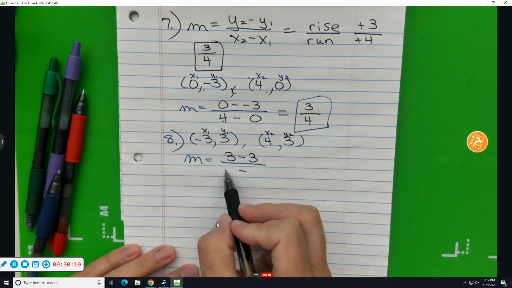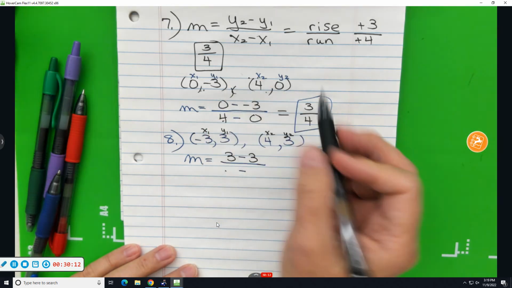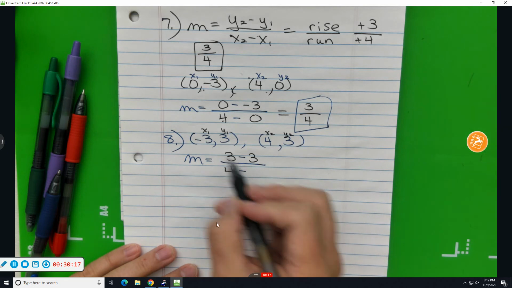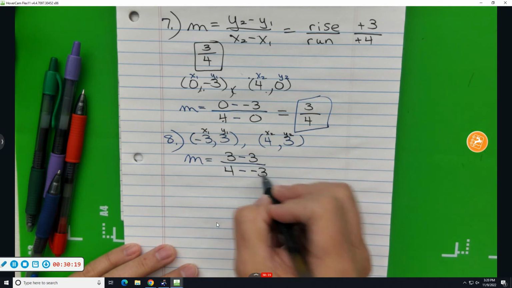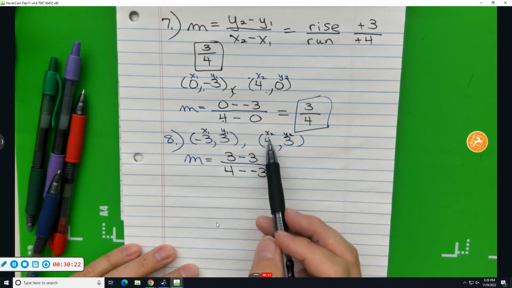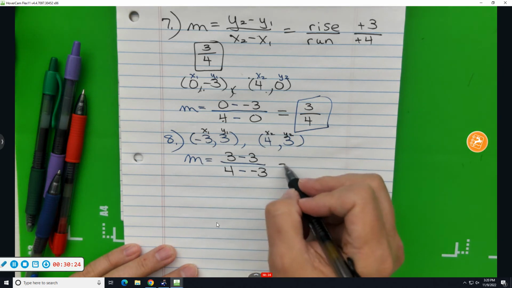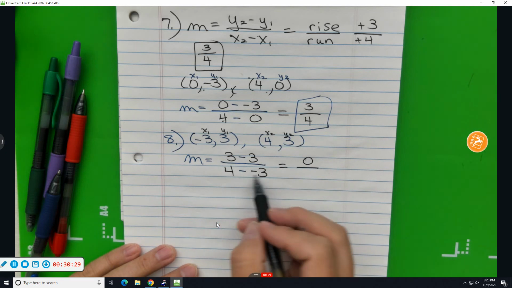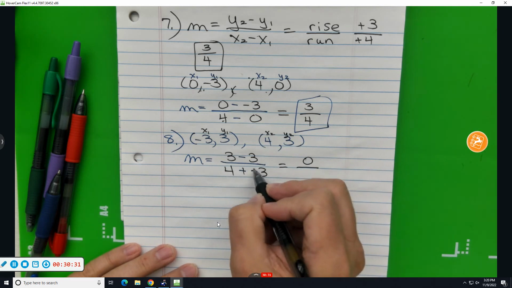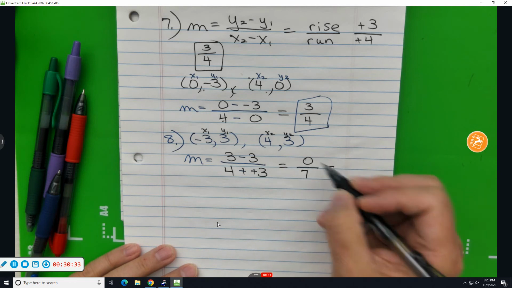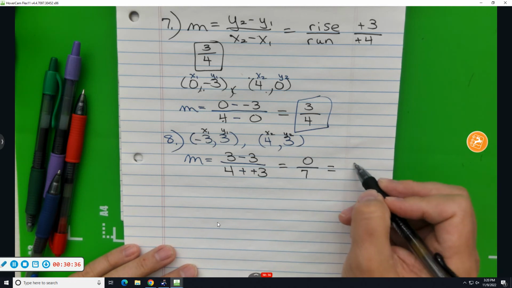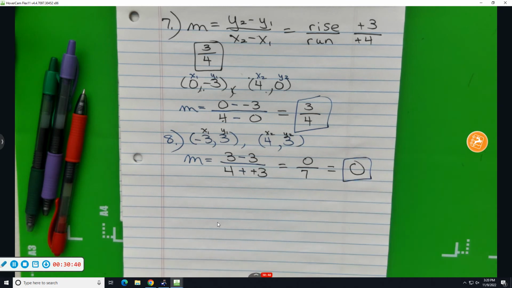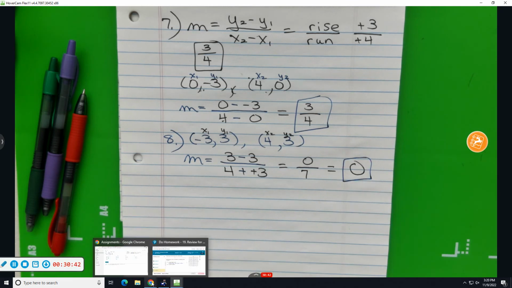What have we got here? x2, I agree, that's a 4 minus here a negative 3. 3 minus 3, that's a 0 over here. That becomes a plus to give us 7. And 0 divided by 7 is 0. So the slope of the line is 0.